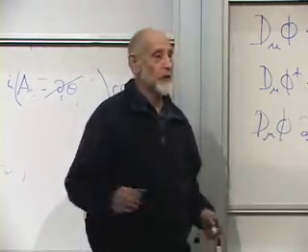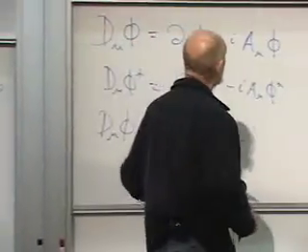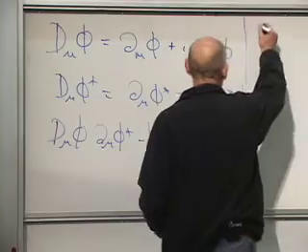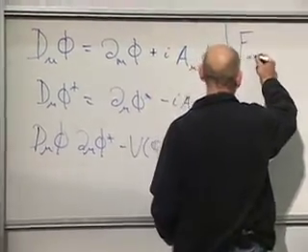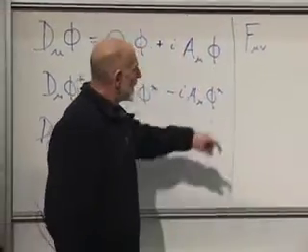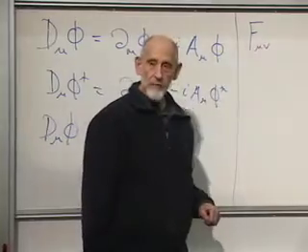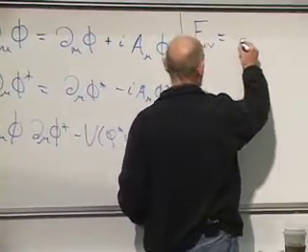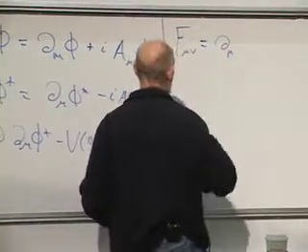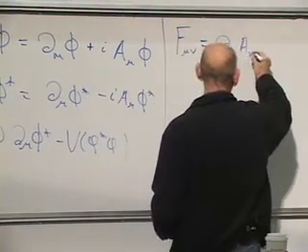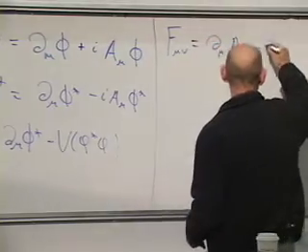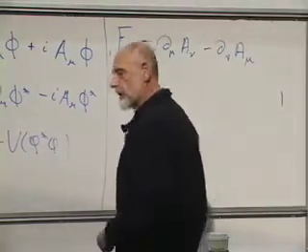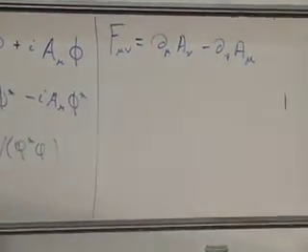But it can also be represented in terms of the field tensor. So let's write it in terms of the field tensor. The field tensor is called F mu nu, and I'll just remind you what it is. F mu nu is an antisymmetric object. It's the derivative in the muth direction of A nu minus the derivative in the nuth direction of A mu. So it's a kind of four-dimensional curl.